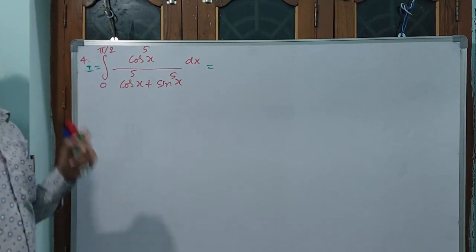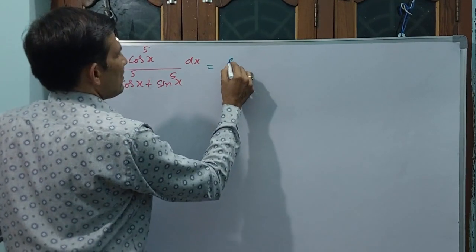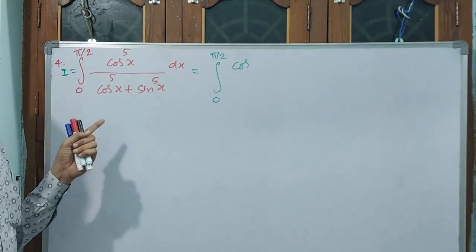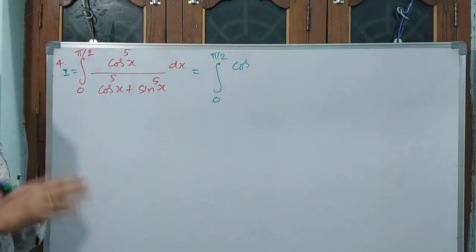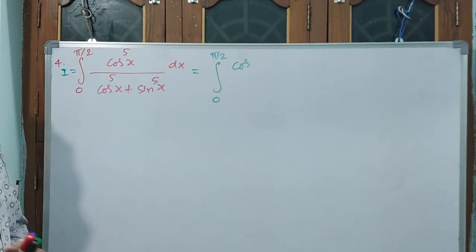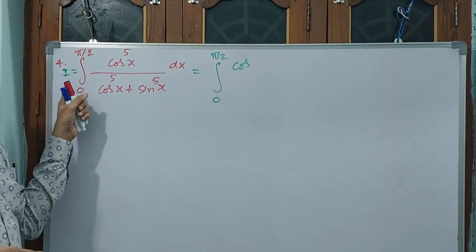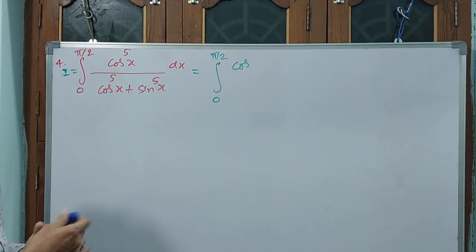0 plus pi by 2 minus x as earlier. Write down, 0 to pi by 2. Again we are going to convert cos into sin and sin into cos. That formula we are going to use. We have taken this as I. Let us proceed further.